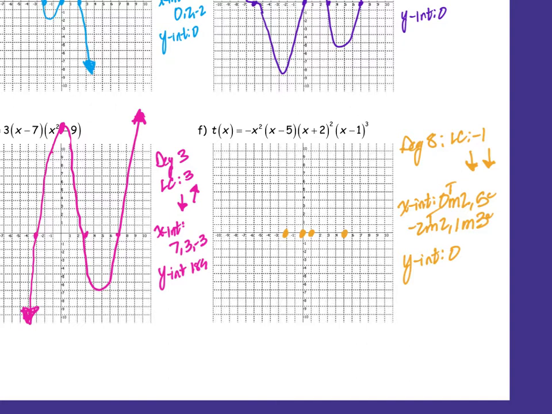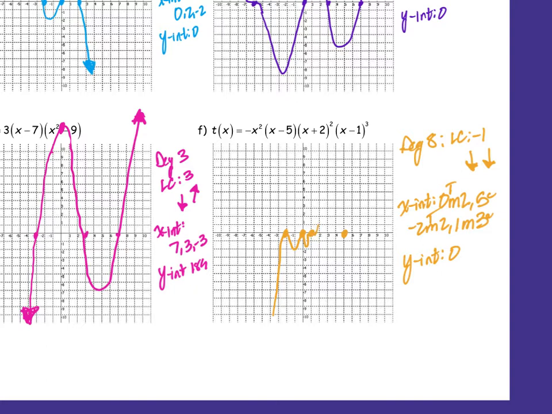Let's see. So it touches at -2 and 0. Okay. And then it's going to cross at, and it should be flatter, which I don't know if I can actually make it look like it's flatter.